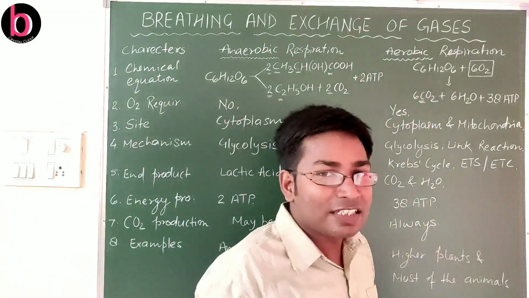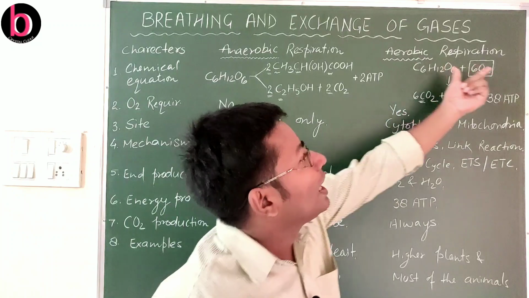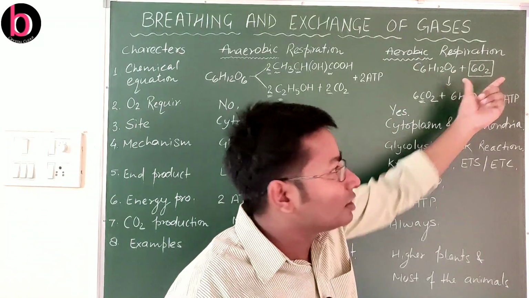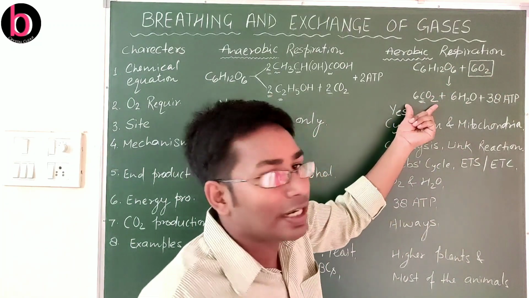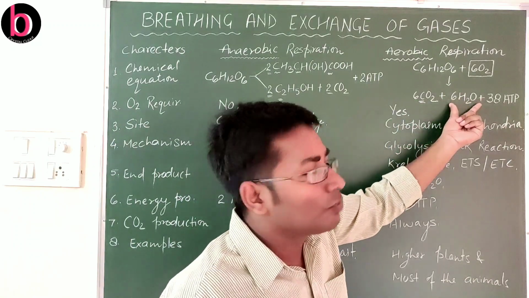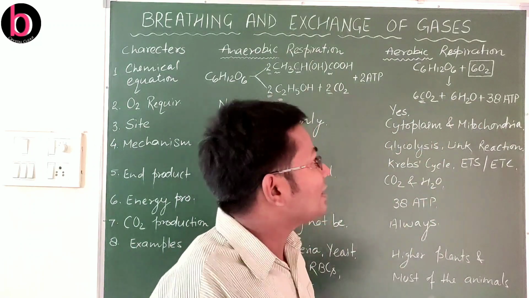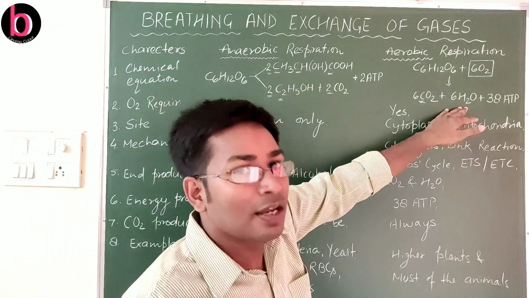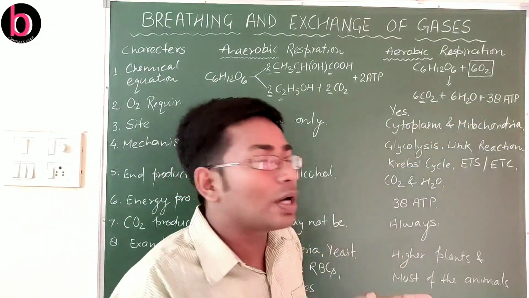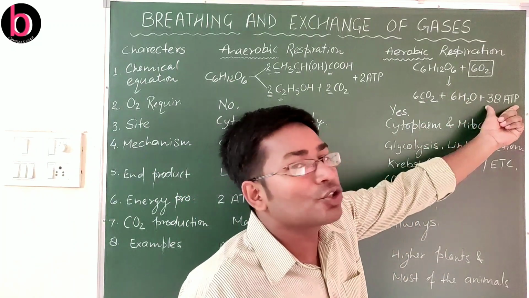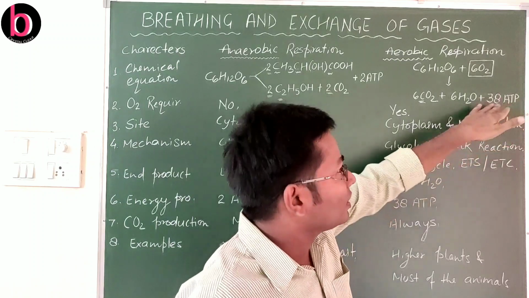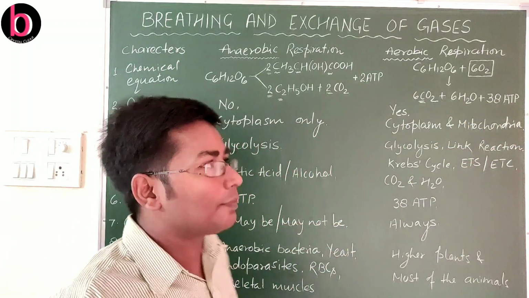While during aerobic respiration, in presence of oxygen, glucose is converted into carbon dioxide and water, and the energy released during the process by the breaking of carbon to carbon bonds is stored in the form of ATP, that is 38 ATP.